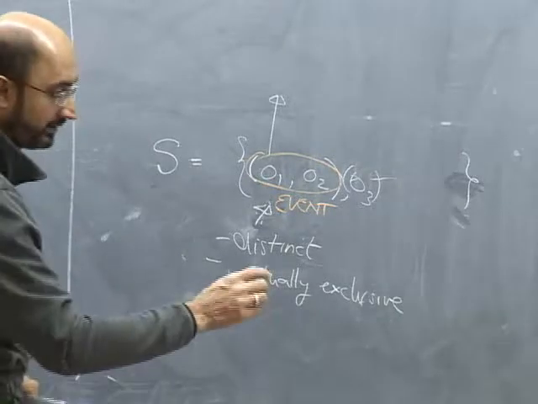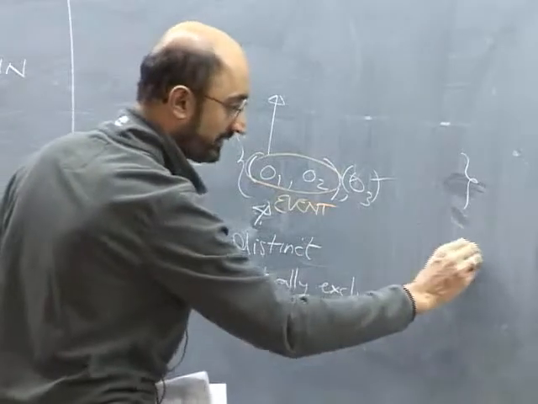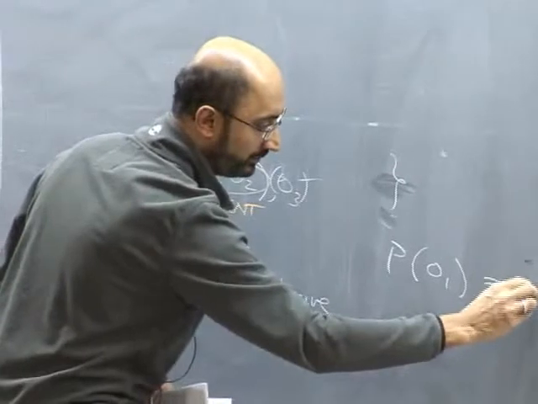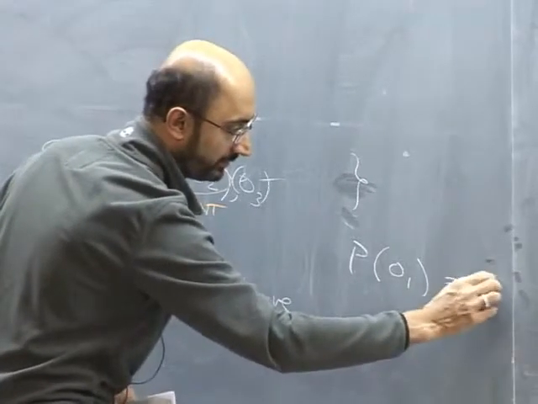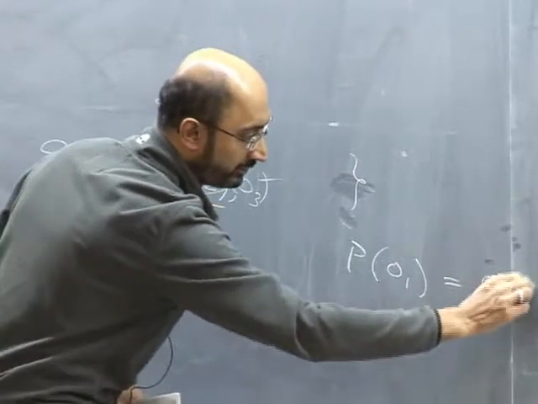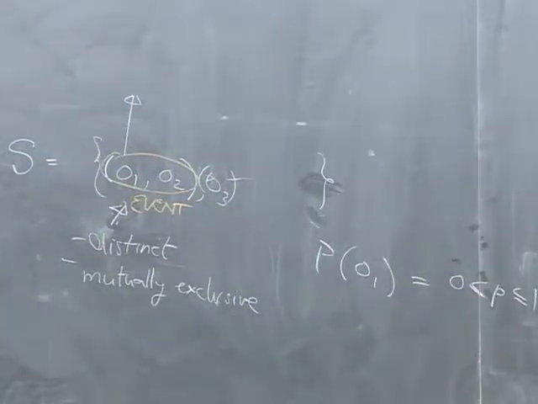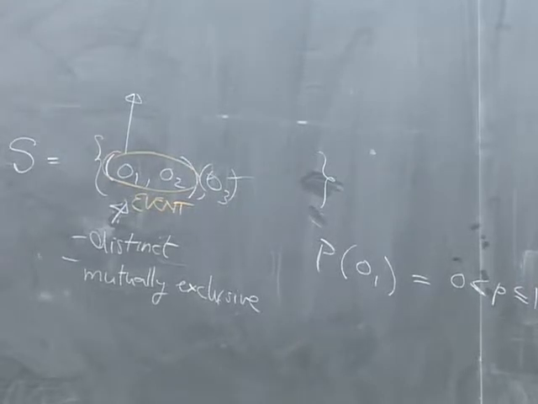I skipped over that part, but we know that there's some probability of outcome O1 equal to some value, let's say in the range 0 less than or equal to this probability less than or equal to 1. So corresponding to each outcome, we have a probability.